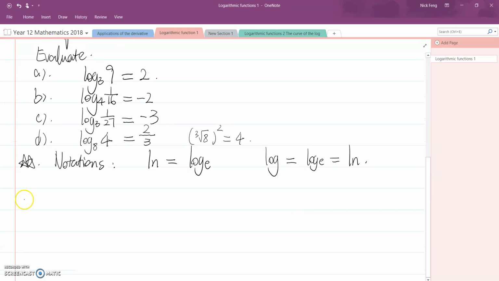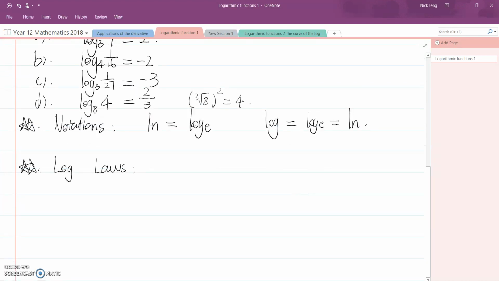Okay, so now the next bit we're going to talk about is called the log laws. Now this is simply another version of the index law, but log has its own version of laws. The very first one we need is, if I have a log base, I'm going to use base e in here all the time, because that's what we will be doing later on.